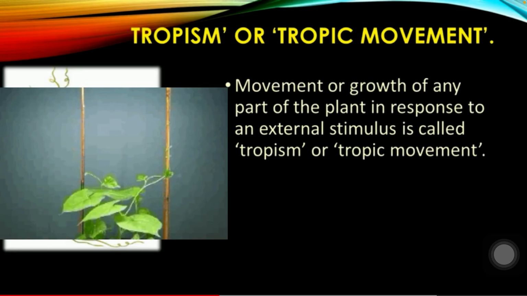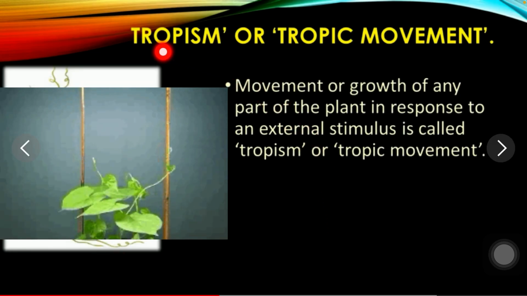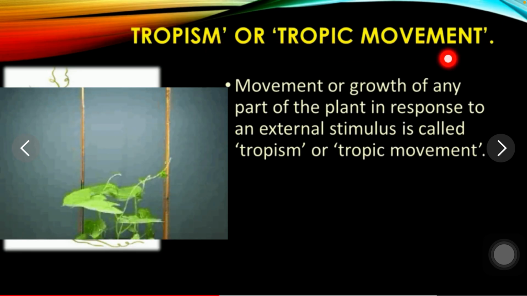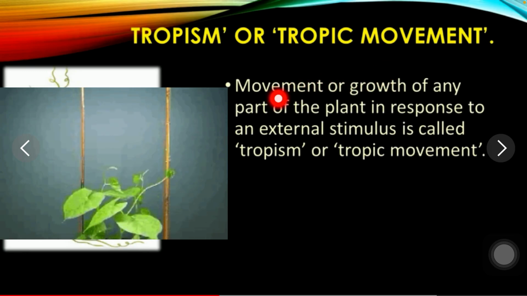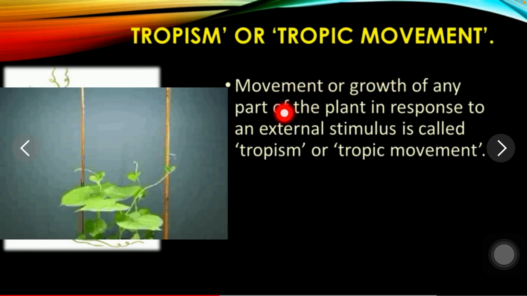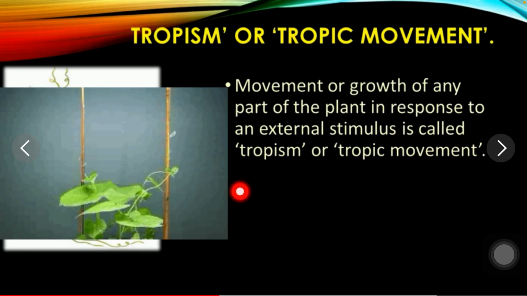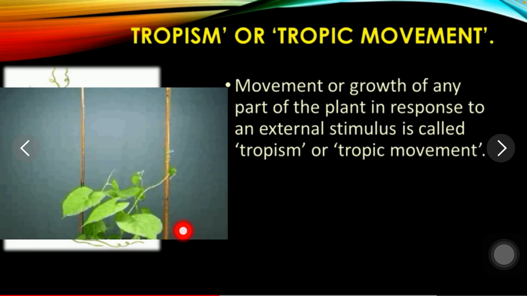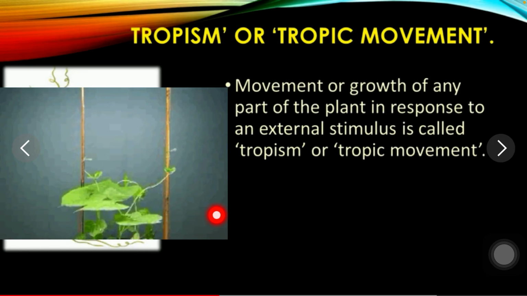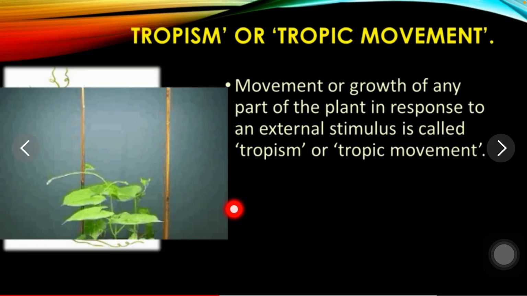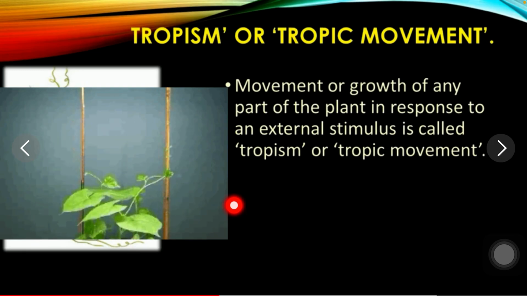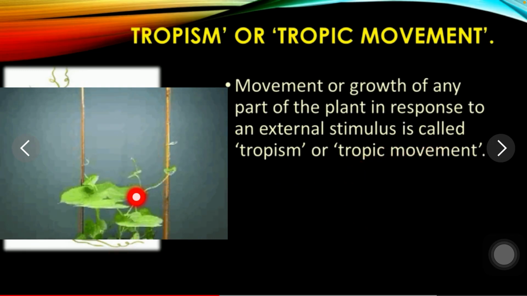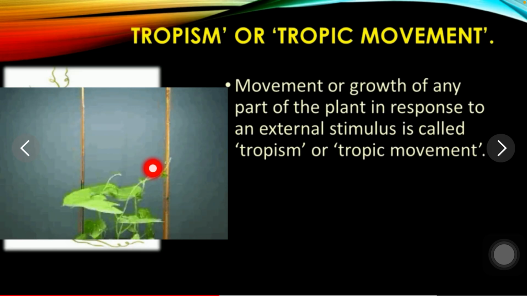The first type of movement in plants is tropism or tropic movement. Usually in this type of movement, there is growth of a part of the plant in response to an external stimulus. That is called tropism or tropic movement. As you can see, this plant is moving with the help of the stick.